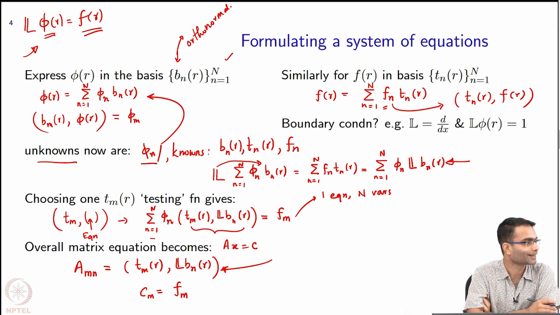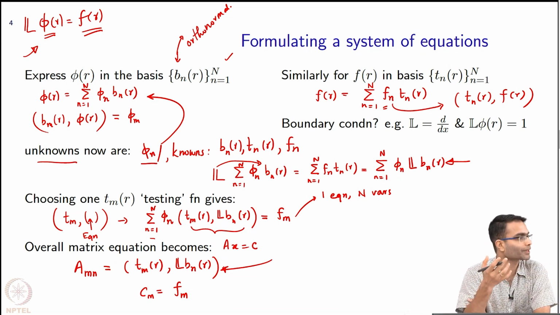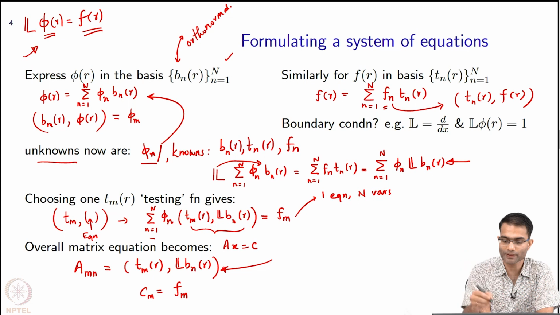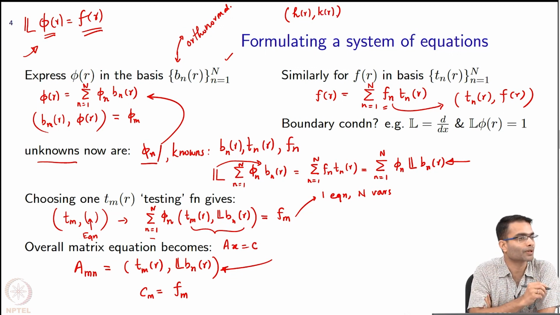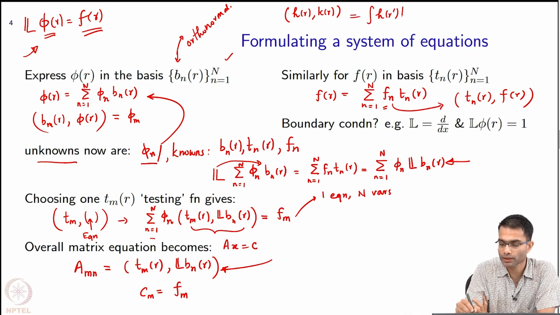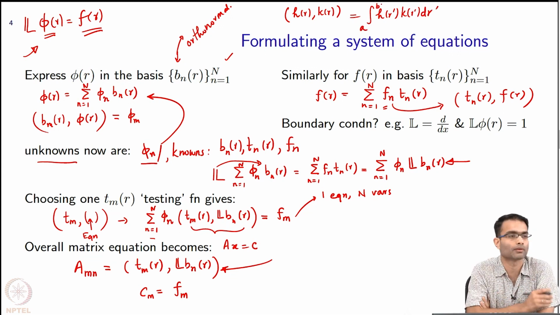Well, we'll see. So what are some of the things we've done? We did one module on numerical integration, right? So for example, when I write something like H of r comma K of r, when I write the inner product like this, what does it mean? It's an integral, right? So it's going to be an integral of H of r prime K of r prime dr prime over some specified domain.